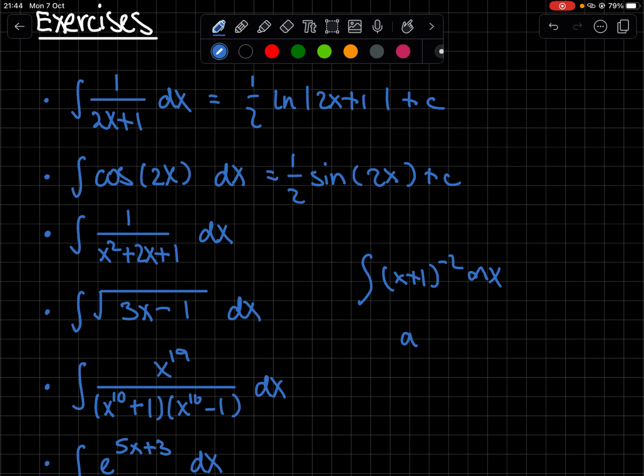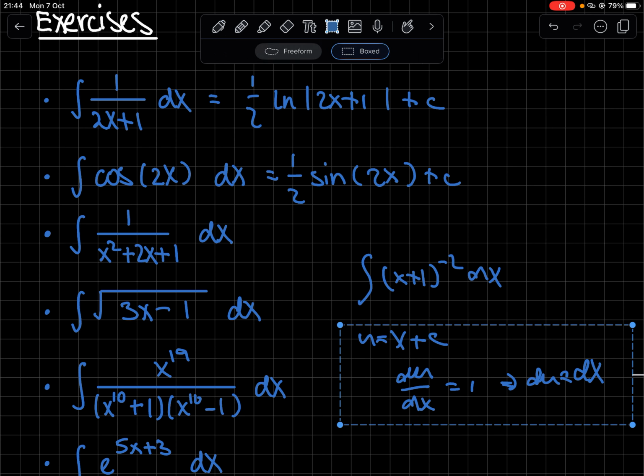Whenever you have something like x plus a constant, if you say u is equal to x plus some constant, then du by dx will always be equal to 1, meaning that du is equal to dx, which is really, really nice.